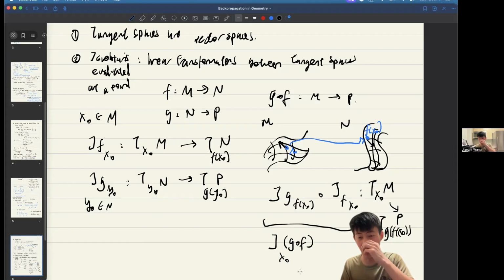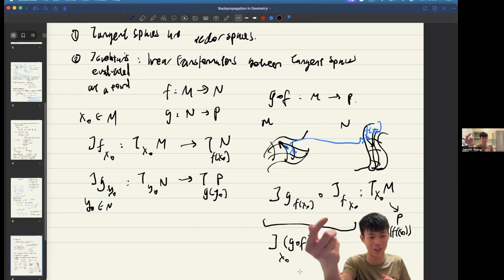I hope these are all clear. In infinitesimal analysis, this is saying an infinitesimal change in the input will lead to an infinitesimal change in the intermediate value, which will lead to an infinitesimal change in the output. If you compose the functions, it doesn't really matter. You are just mapping infinitesimal values to infinitesimal values.